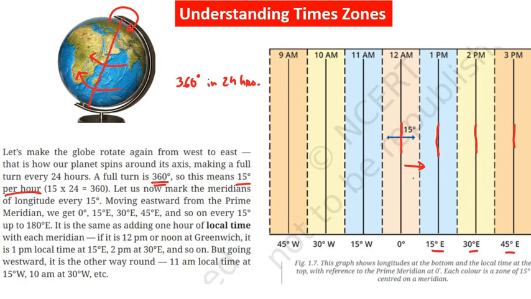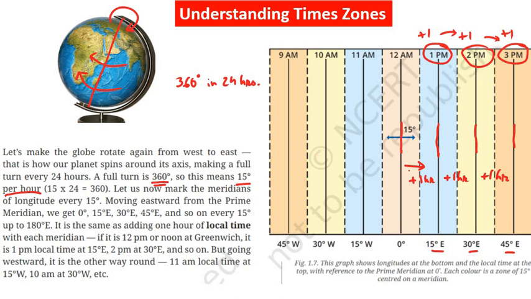By doing so, basically we are adding 1 hour, plus 1 hour, plus 1 hour, and so on. So you see, if it is 12 am, then here we have 12 plus 1, 1 pm. Here again 1 pm plus 1, 2 pm. Here also 2 pm plus 1, again 3 pm, and so on.